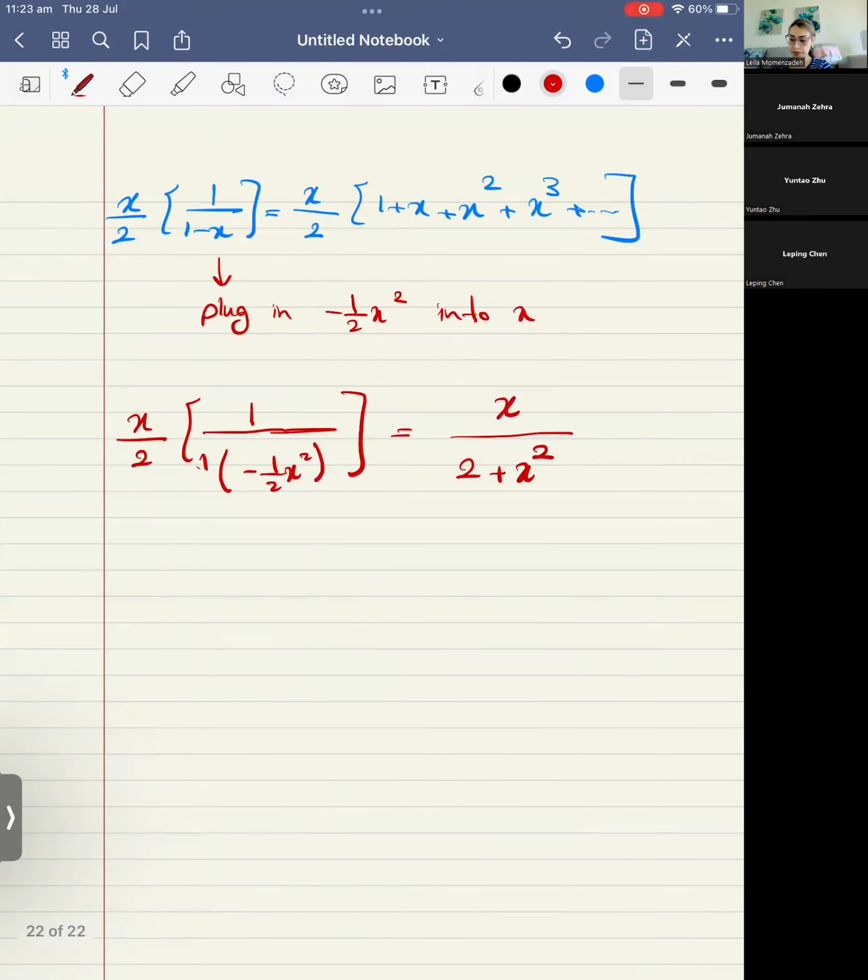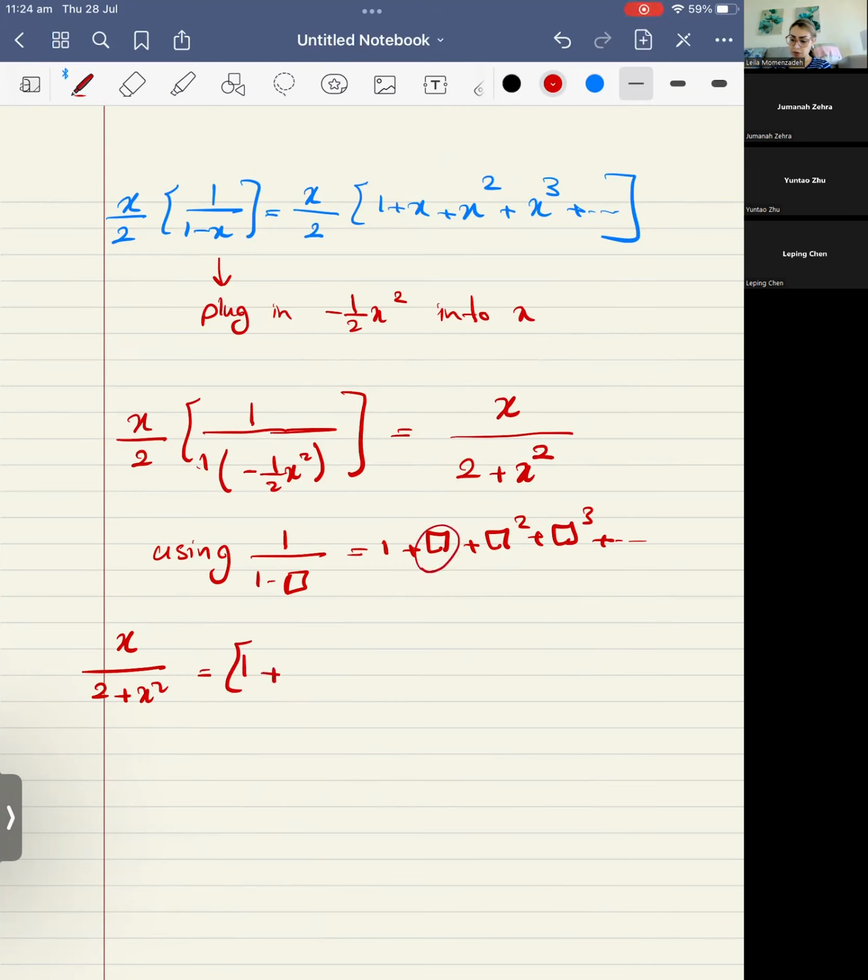Now, I want to use 1 over 1 minus anything, and anything can be here. You can put everything instead of the square. I can write this one, x over 2 plus x squared, as 1 plus.